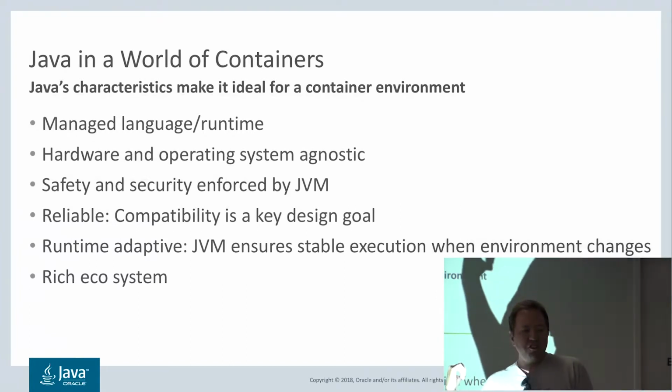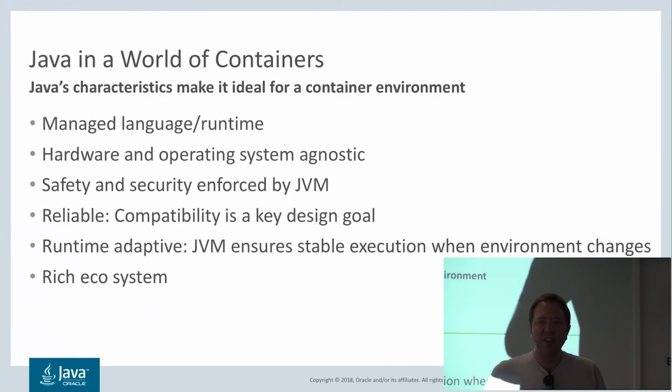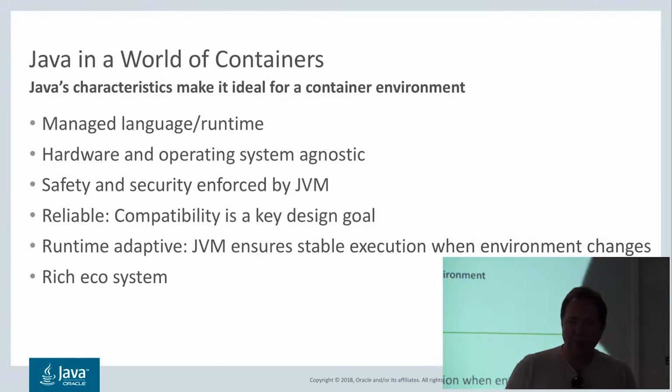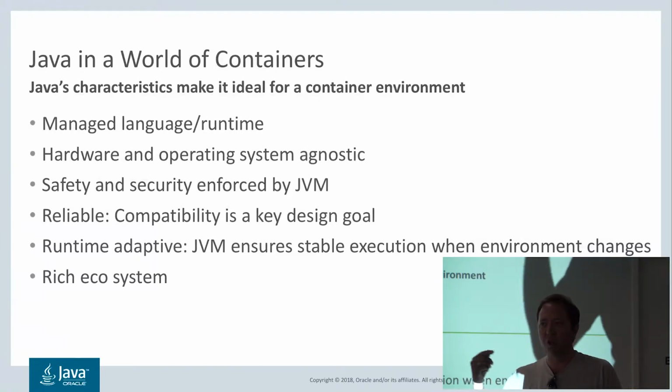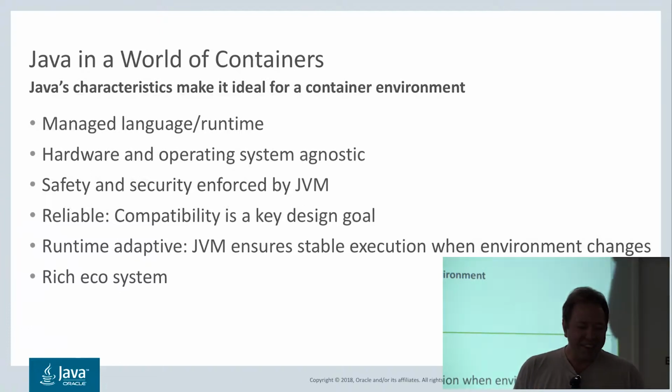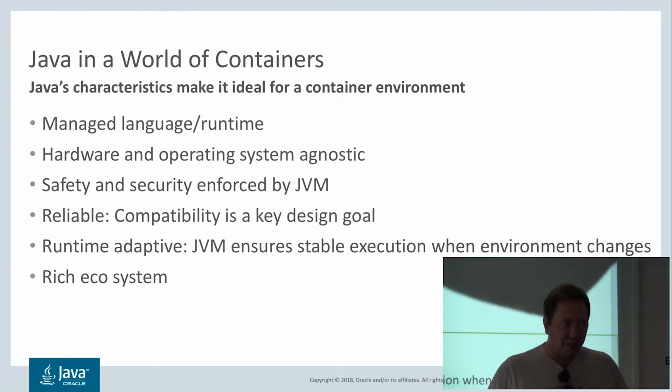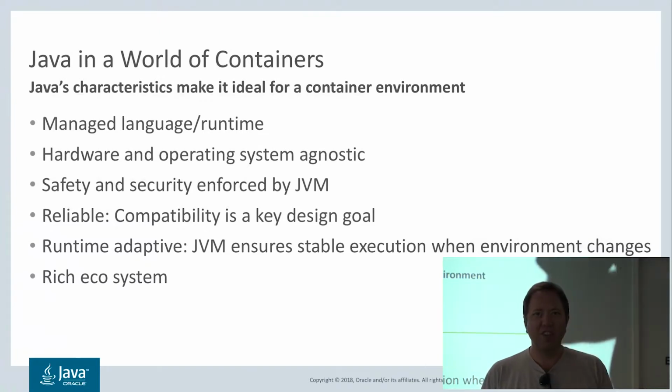This is not an exhaustive list in any way, but we like to think that Java is really well positioned as a runtime for these types of environments. It's everything from the fact that it's a managed runtime and language, so you can provoke null pointers, but it's at least not going to crash your process. Working on it. We can run Java on all the different operating systems and CPU architectures and all of that.